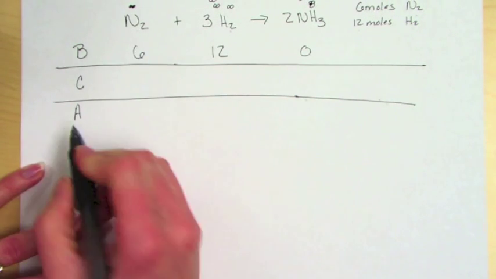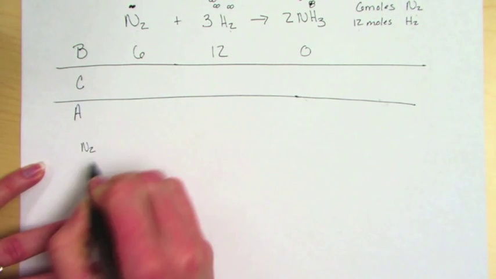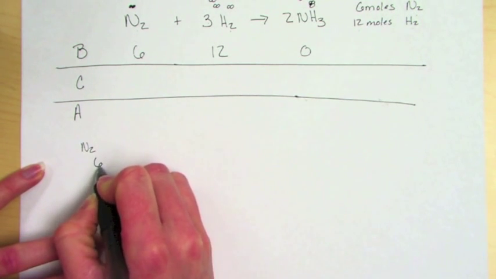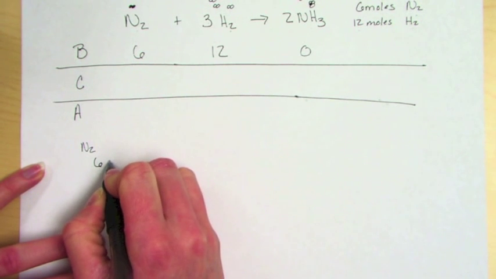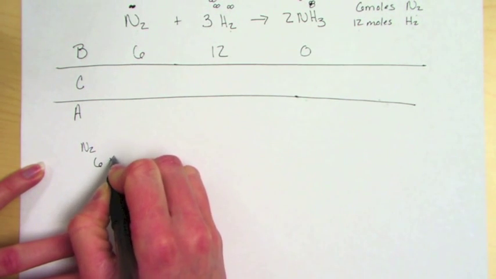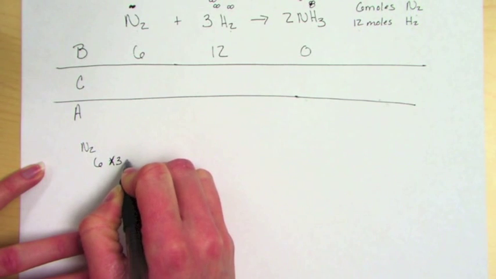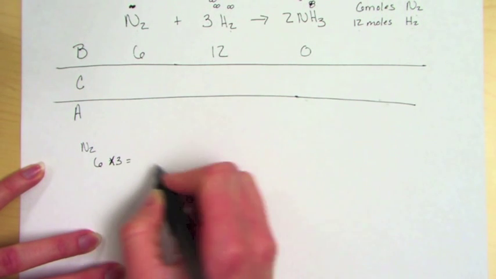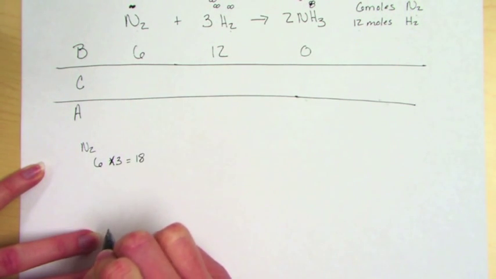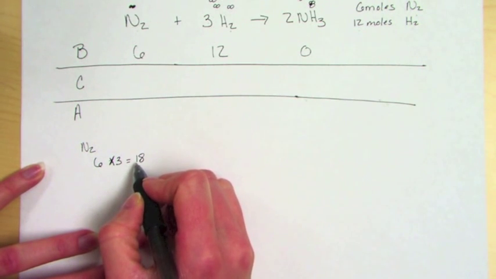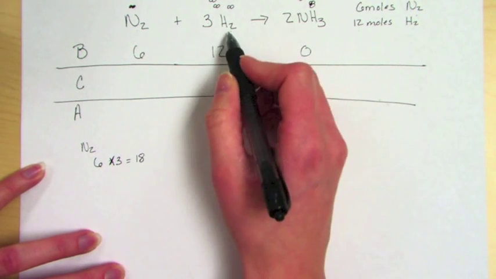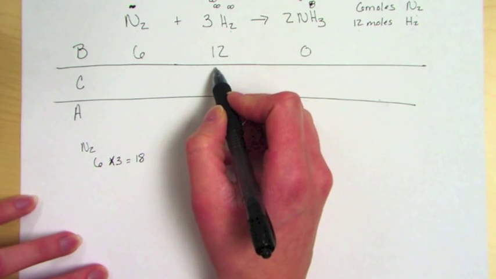So let's look if we start with using the nitrogen. If I use all 6 of the nitrogen, I would need 3 times that many of the hydrogens, so that would be 18. I would need 18 moles of H2. I don't have 18, I only have 12.